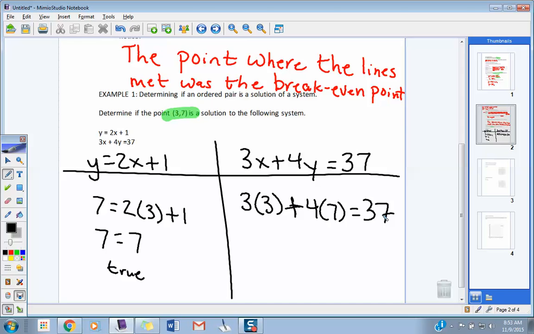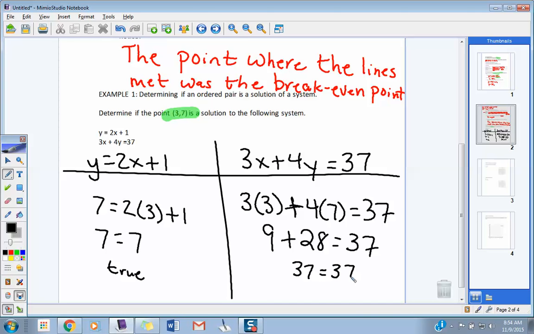All right, help me out arithmetically. 3 and 3, that product is 9. 4 and 7's product is? All right, help me on the left side. Combine those numbers. 9 and 28. What are you going to get? 37. Okay. True statement or false statement?